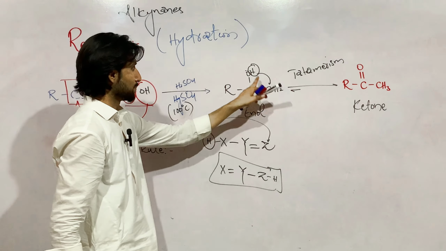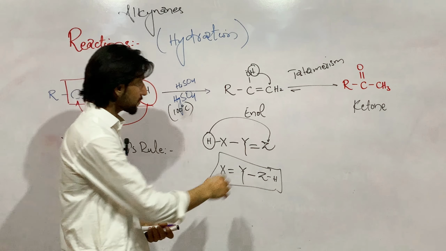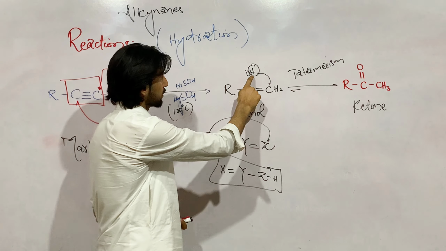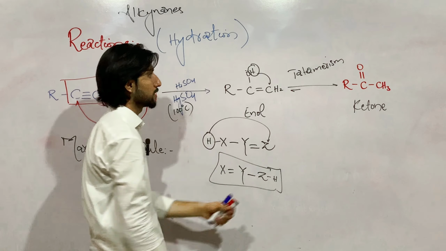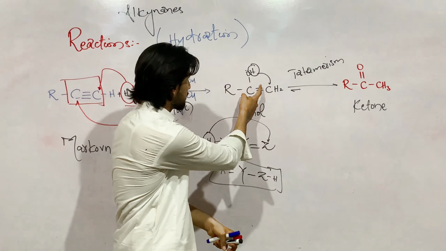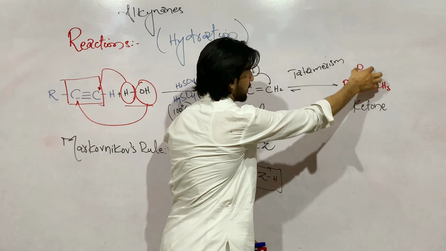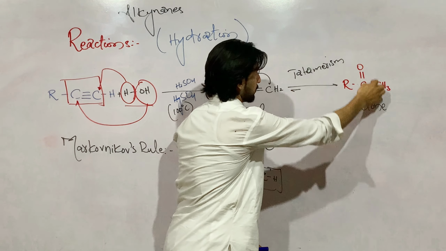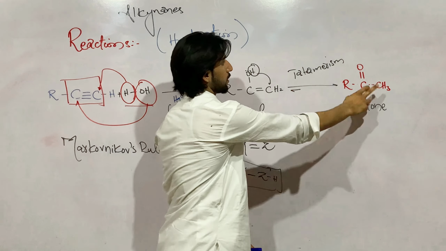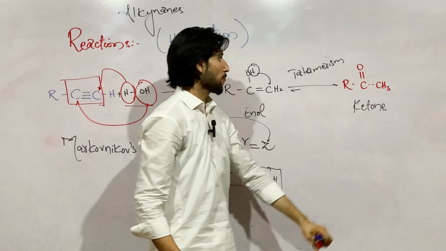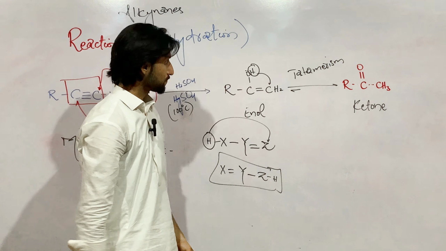So the hydrogen, we will see 3 hydrogens over here. So 1 hydrogen adds up and we see 3 hydrogens, and the double bond shifts toward oxygen, as we see in this case. So this double bond is shifted toward this oxygen atom and we see carbon double bonded to oxygen, and we see free hydrogen with this carbon. So we see CH3 over here. This is called ketone.